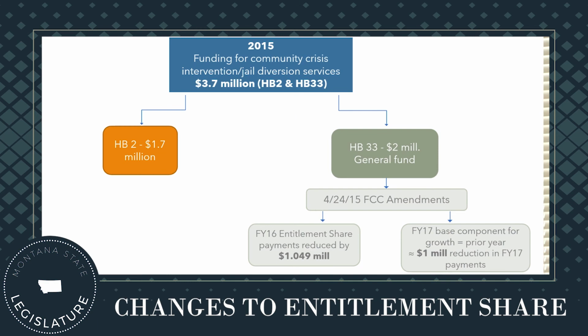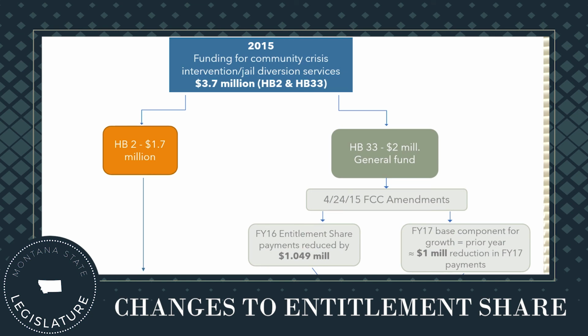So again, that's harder to nail down specifically, but one could assume that it will get you close to $1 million reduction. So those two together get you close to that $2 million of general fund for the biennium. So you add the House Bill 2 and the House Bill 33, that's where you end up with $3.7 million.